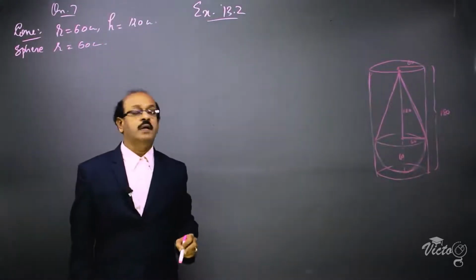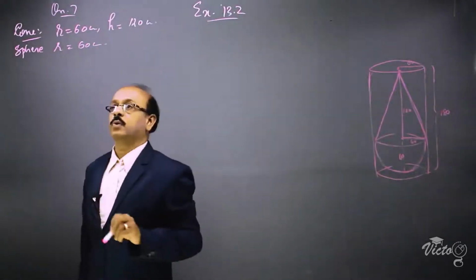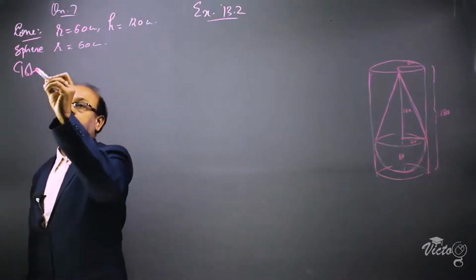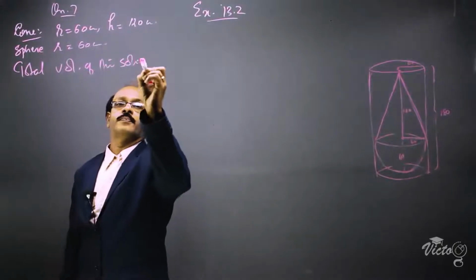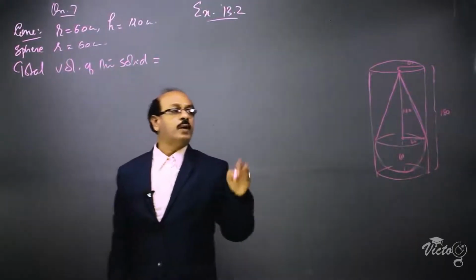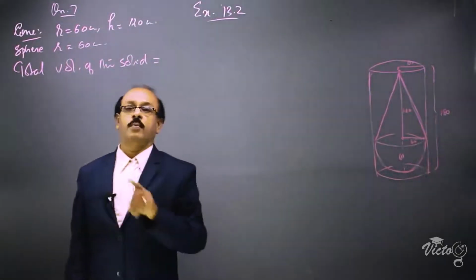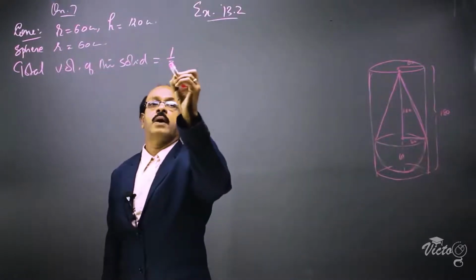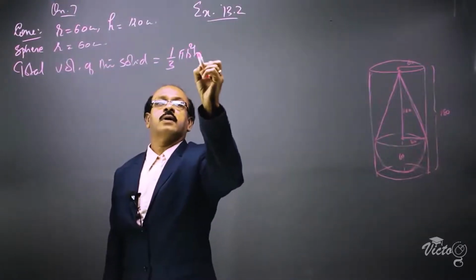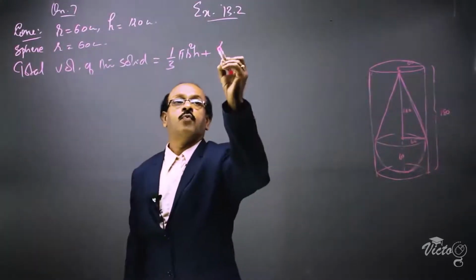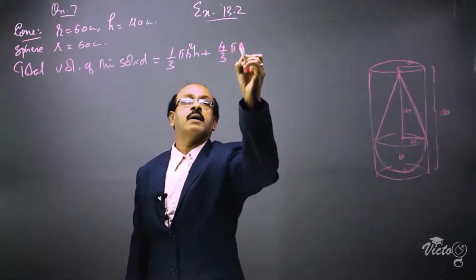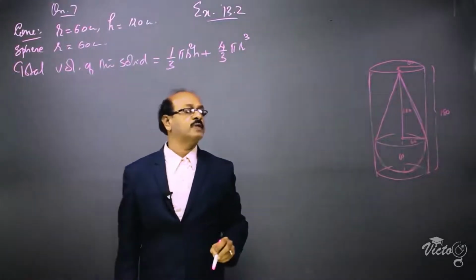So we are finding the total volume of the solid. It is equal to 1 by 3 pi r square h, which is the volume of the conical part, plus 2 by 3 pi r cube, the volume of the hemispherical part.